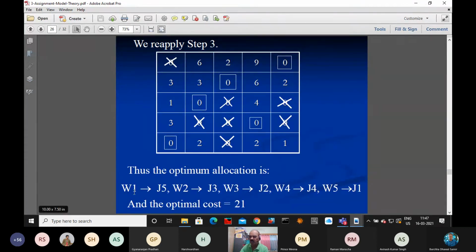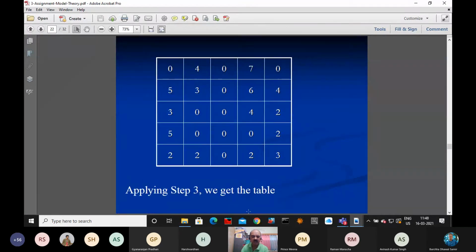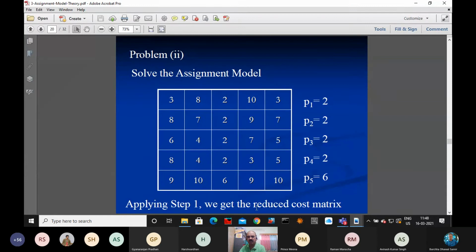W1, that is worker 1 to job 5, worker 2 to job 3, worker 3 to job 2, worker 4 to job 4, worker 5 to job 1, and the optimal cost is 21. Why 21? How much have you subtracted here? If you subtract 2 plus 2 plus 2 plus 2, that is 8, plus 6, 8 plus 6 is 14.